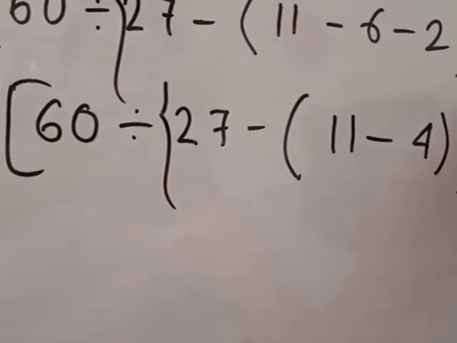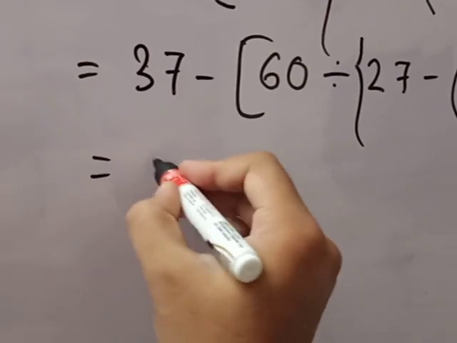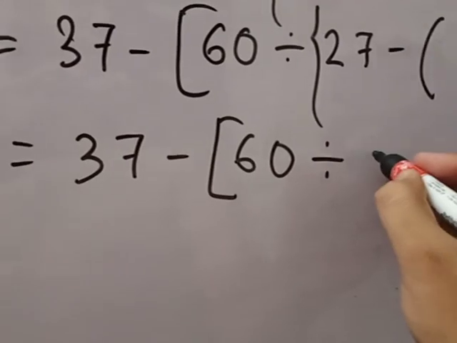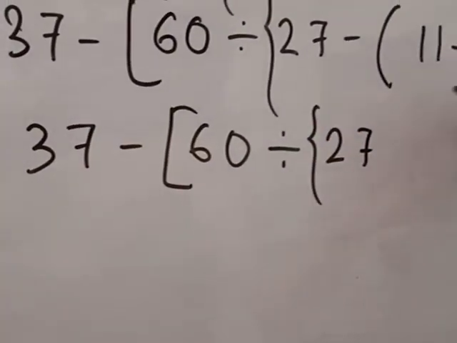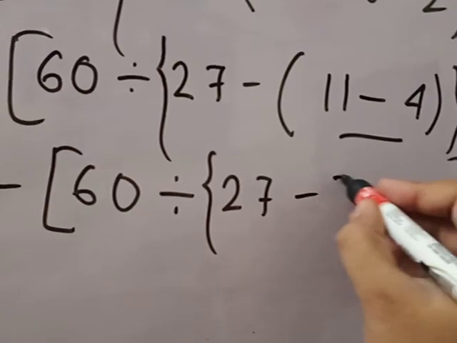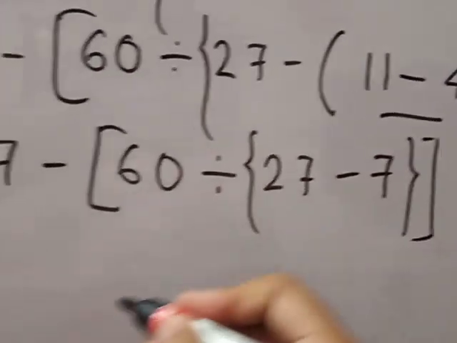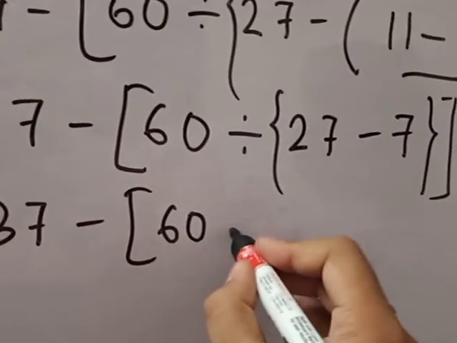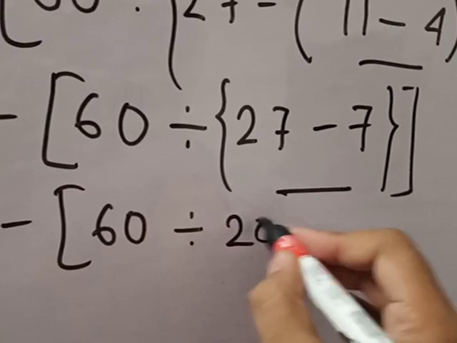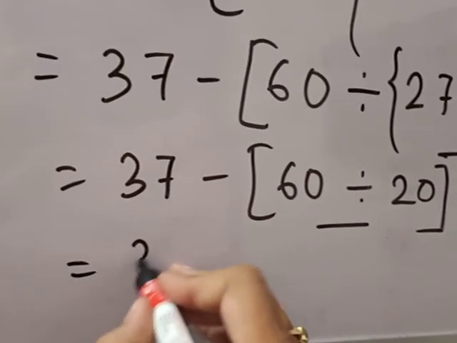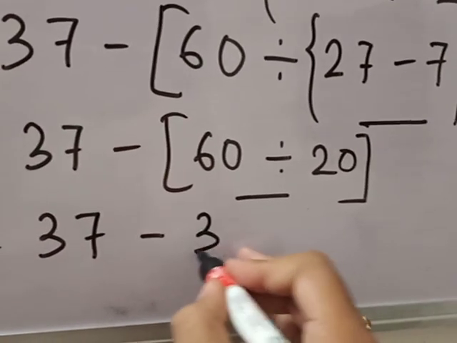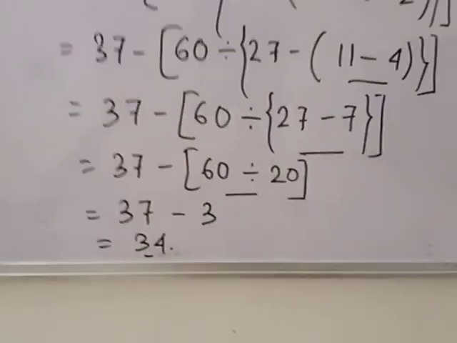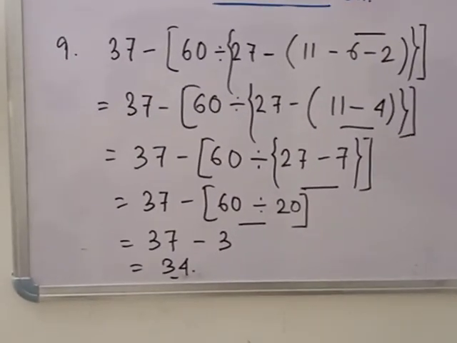Then the first bracket work, so this is 7. Next 37 minus 60 divided by 20. Next 37 minus 3, that is 34. So 34 is the answer. Okay.